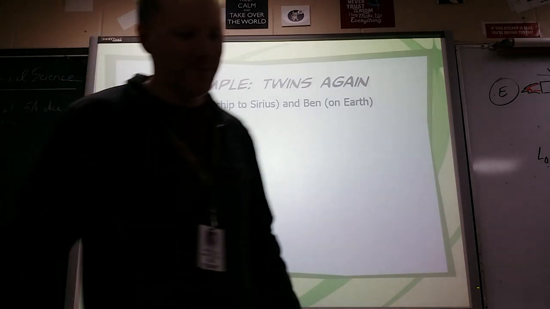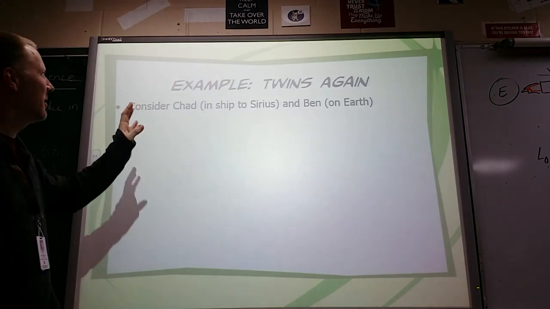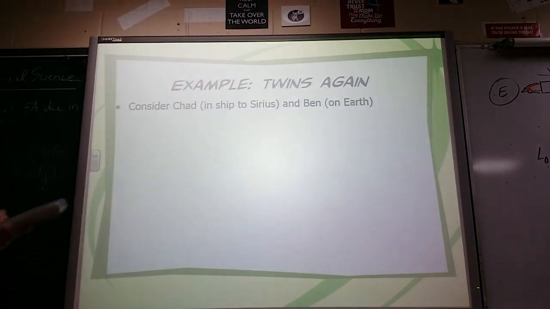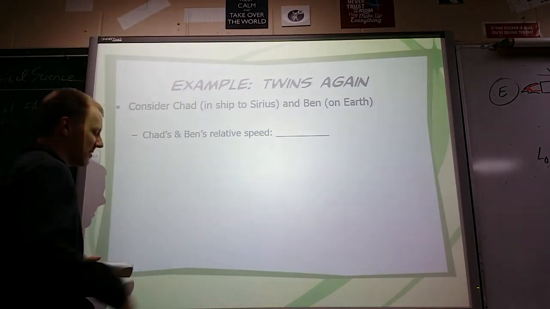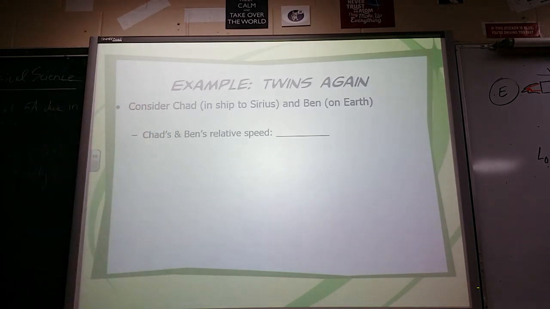Yeah, the big switch. Okay, so we're going to consider our twins' trip to and from Sirius. We had a relative speed of 0.980 c, so that's not going to change here. We'll keep the same information.